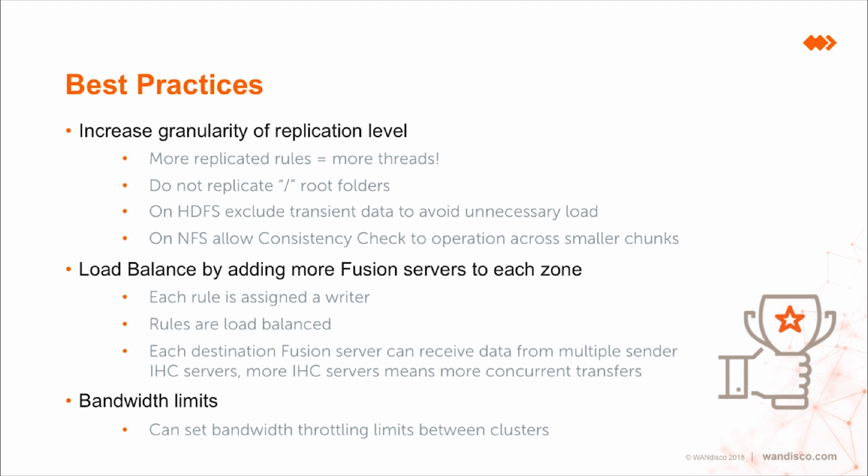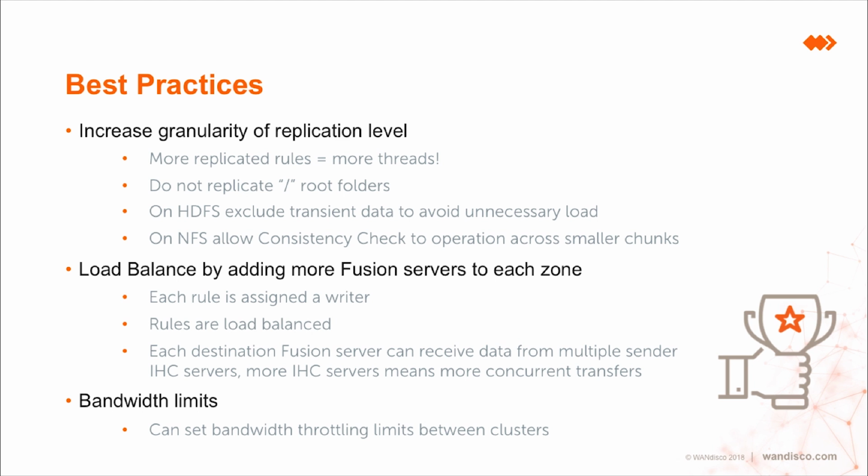Best practices. Increase the granularity of replication level. That means if you have more replication rules, you have more threads. Try to avoid replicating root folders. That's just too large. Just the replication rules you need and that the client or the customer requires for implementation is the best practice.